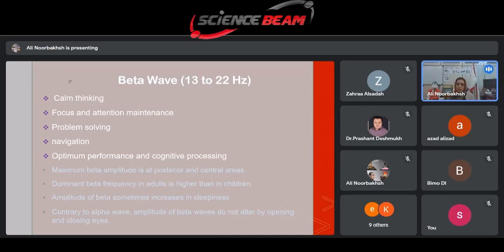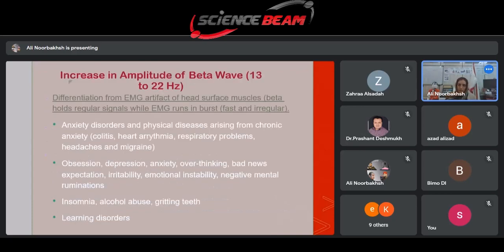The amplitude of beta sometimes increases in sleepiness. Contrary to the alpha wave, the amplitude of the beta wave does not alter by opening and closing the eyes, but you can see alpha increase when we close our eyes, unlike beta.